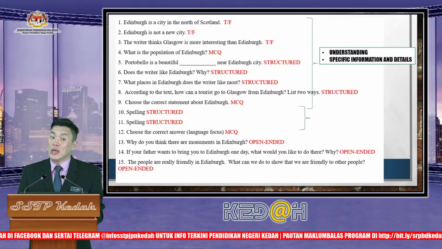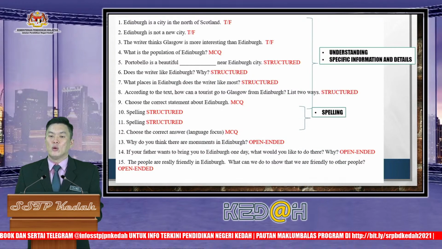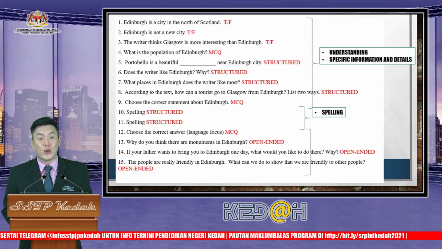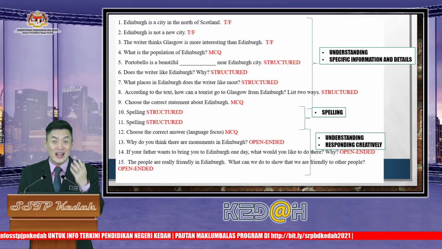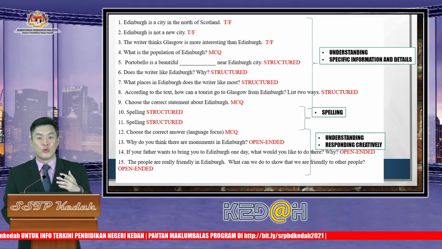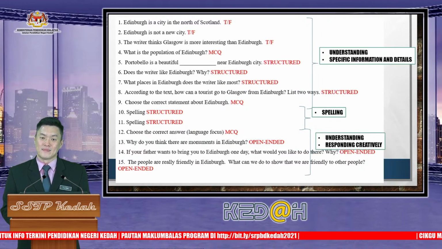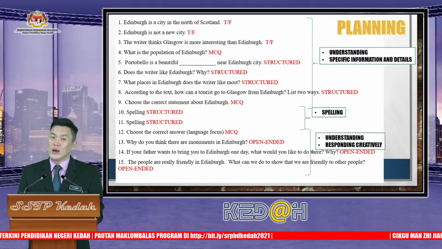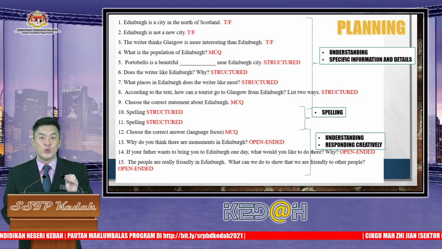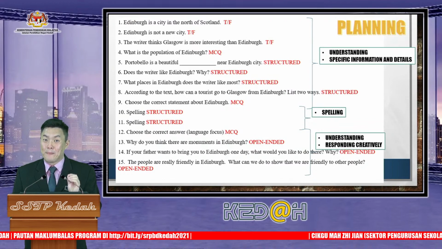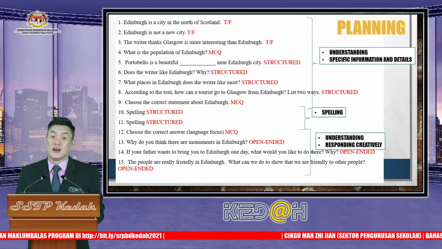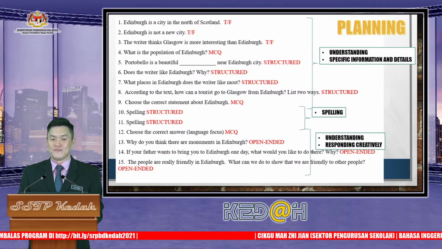I also have items on spelling, and some open-ended items where I can see their response. I can see if they are able to understand it and if they are able to respond creatively. So what I'm trying to say here is, when we are doing our task, make sure we do proper planning so that we can carry out a fair assessment.